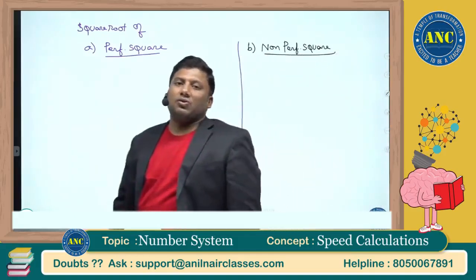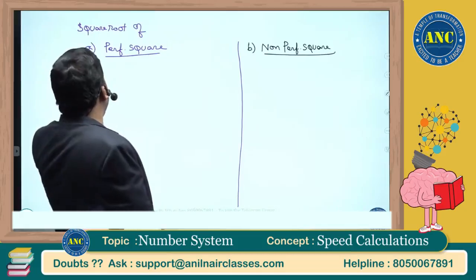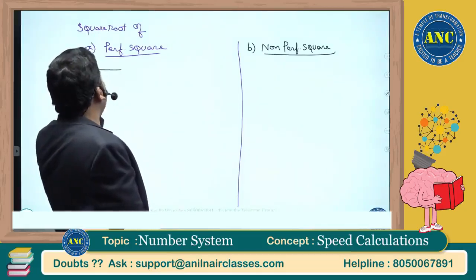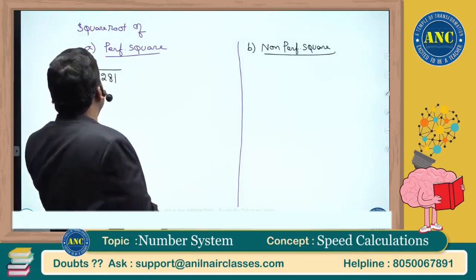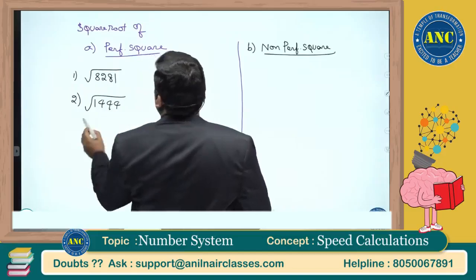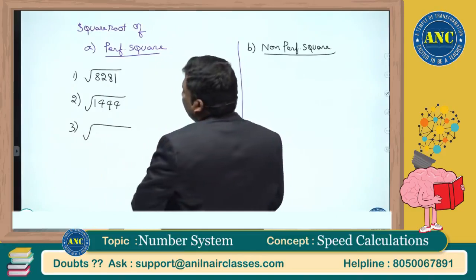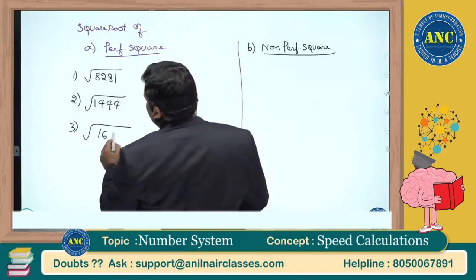There are various ways to check whether a number is a perfect square or not. Square root of 8281. Second one, square root of 1444. Third one, square root of 1681.